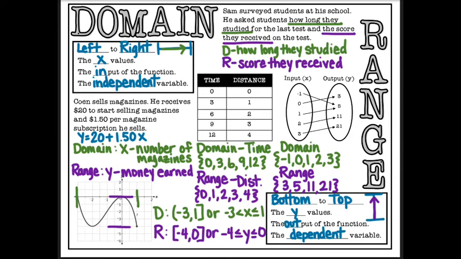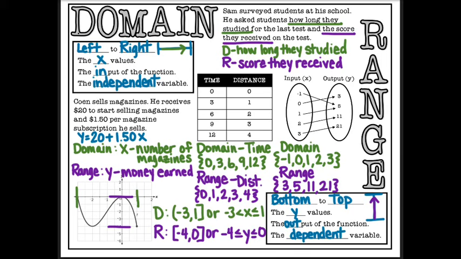Even though we've got that -3, 0 point on the left-hand side that's an open circle, in general, there is a y value of 0 on this function. So then I could write it in inequality notation saying -4 is less than or equal to y, less than or equal to 0.